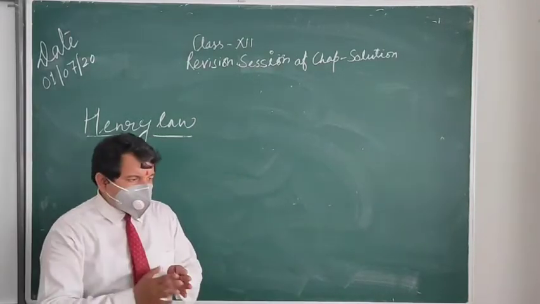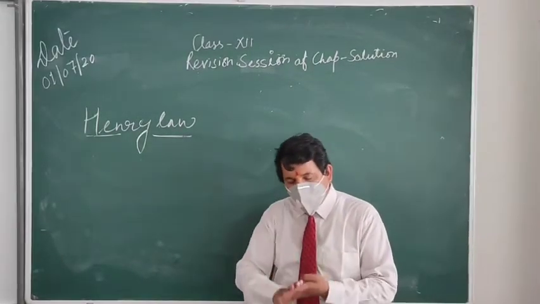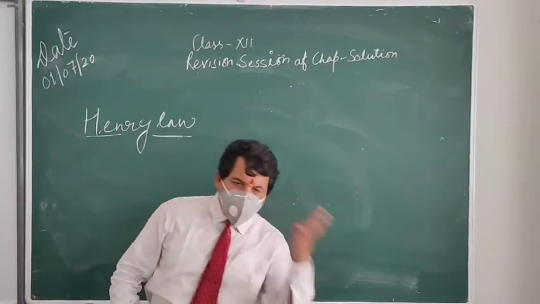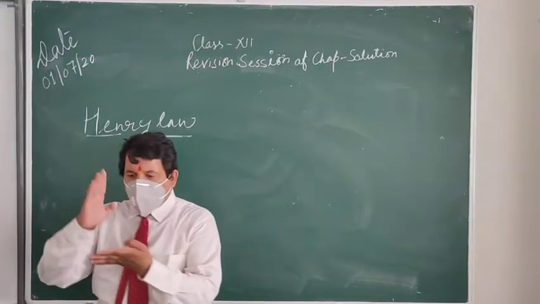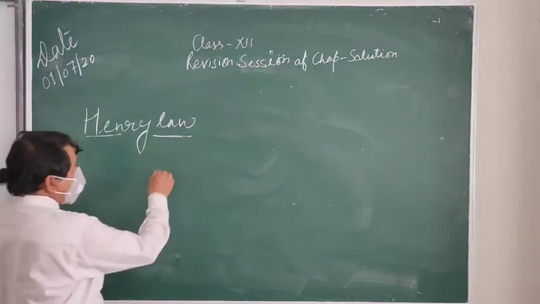So it is concerned with the solubility of gases in liquid, where I told you that the solubility of gases in liquid is directly proportional to pressure. The amount of gas is given as the mole fraction of gas.